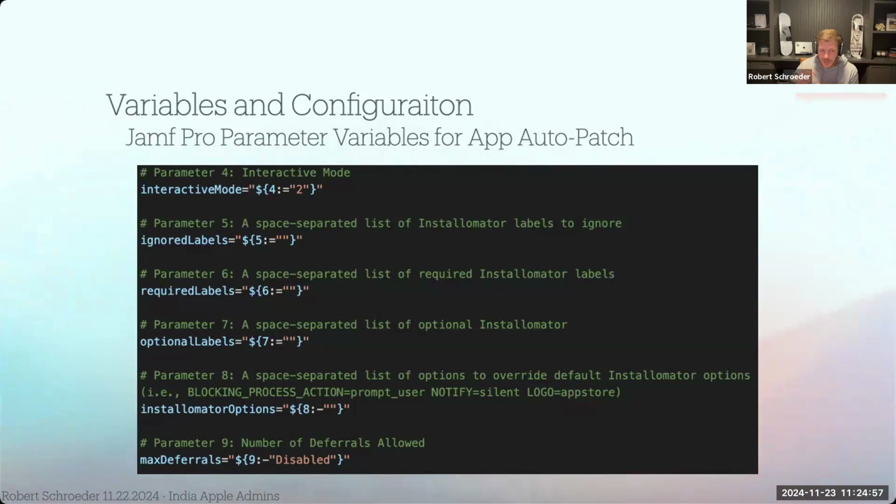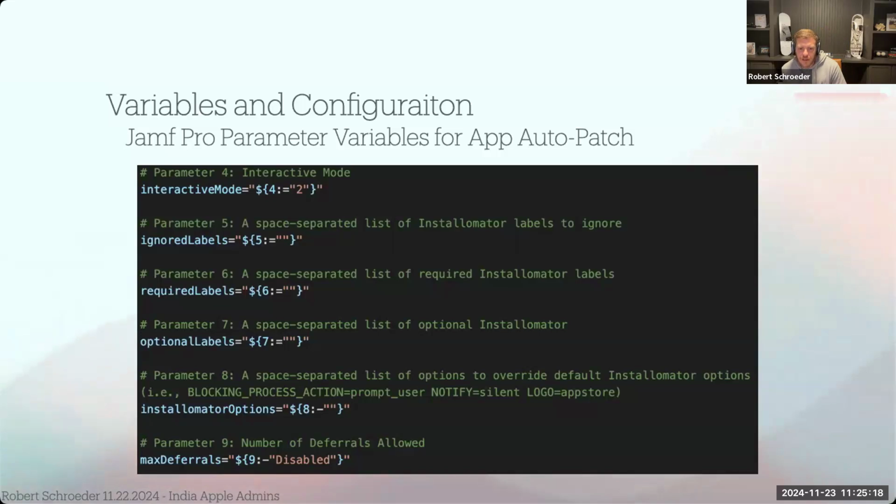Also, don't worry about trying to get all of this information right now. This is all documented in the wiki on the GitHub repo for this, so you can always go back and see exactly what these parameters can be set to. So here in this screenshot, you can see that I've set this to fully interactive for parameter 4.